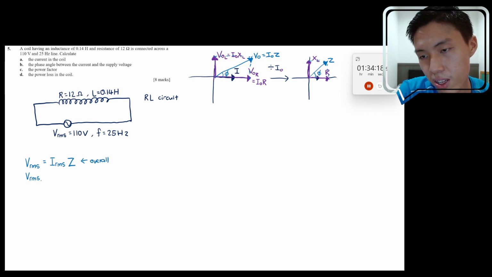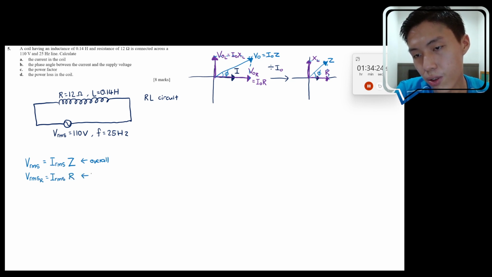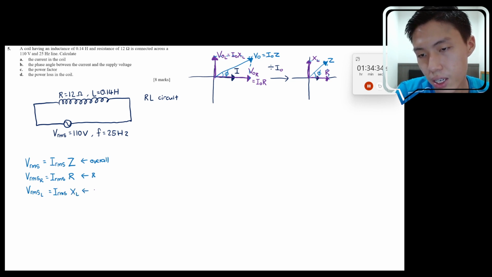But if it's VRMS R, it will be equals to IRMS R, for the resistor. If it's VRMS L, it will be equals to IRMS XL, for the inductor. VRMS C is equals to IRMS XC, for the capacitor.